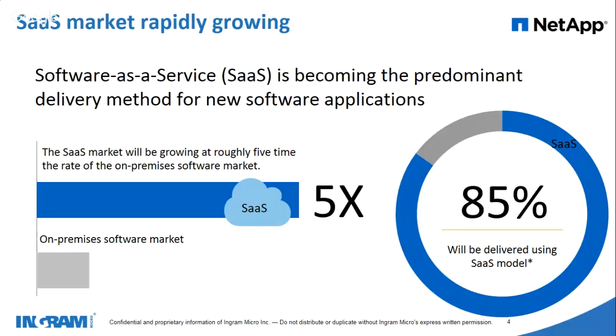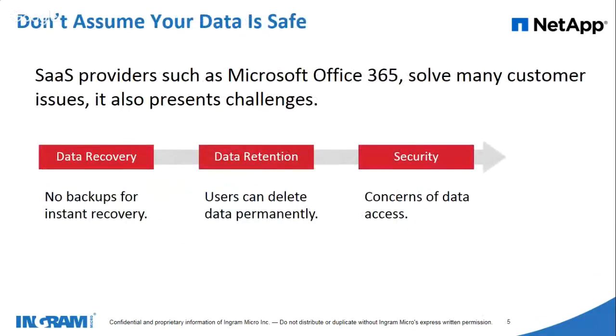Now, since there is a huge, massive growth in software as a service, there are certain challenges with it. People normally assume that as soon as you put data onto cloud, or if you're getting services from cloud, your data is secure. The answer is both yes and no. How is it yes?